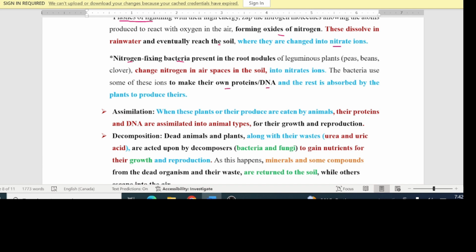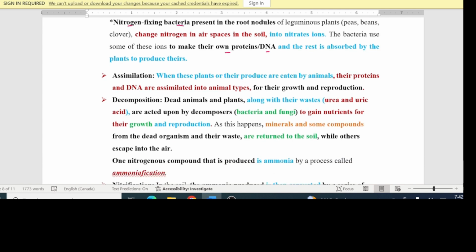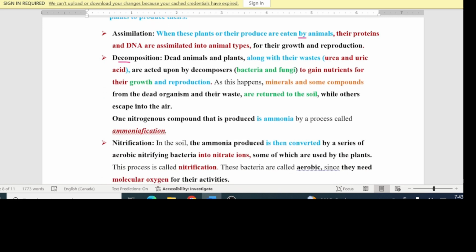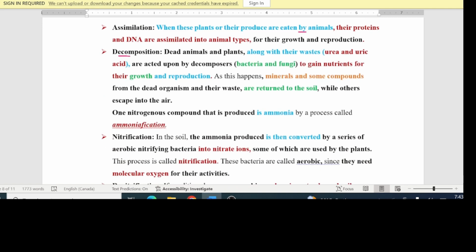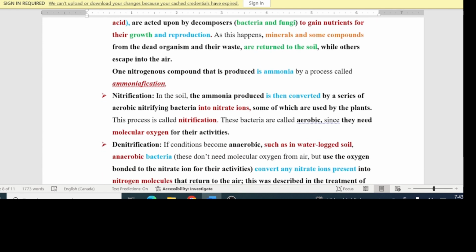It speaks about assimilation. When the plants are eaten by animals, they make their own proteins and DNA from that of the plants, and they get assimilated into their bodies. It speaks about decomposition. The dead bodies of plants and animals, along with their excretory products, are changed to ammonia, and then ammonia is finally changed into nitrates.